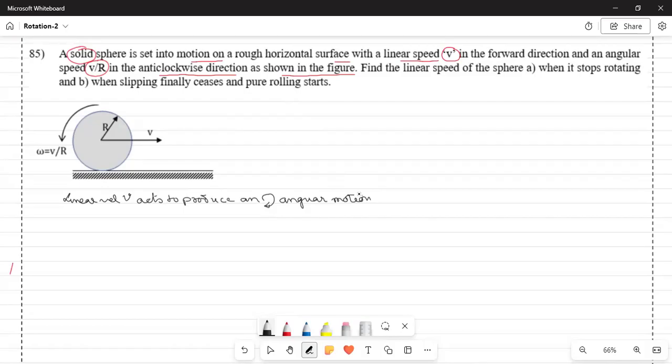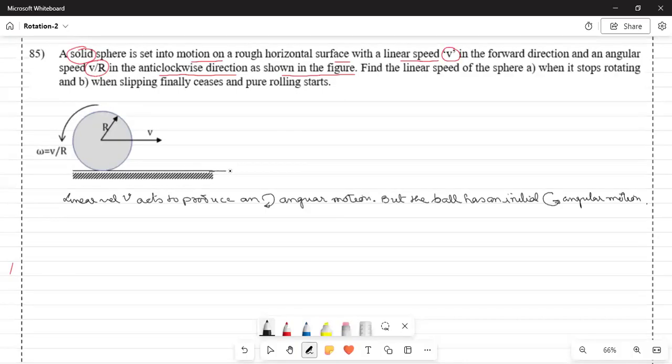This is the first statement. But the ball has an initial anti-clockwise angular motion. So actually what will happen to the ball?